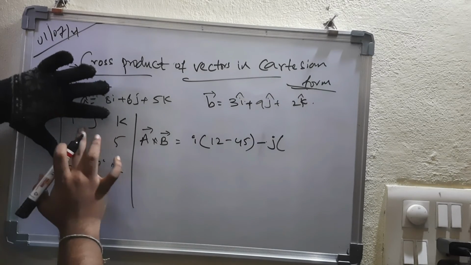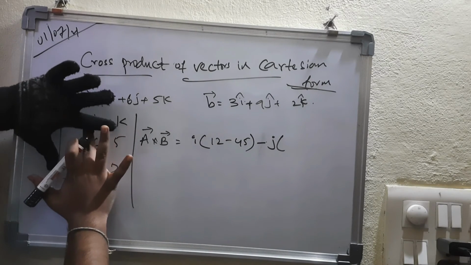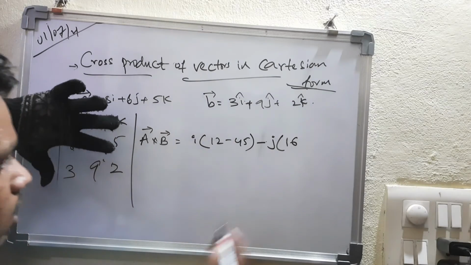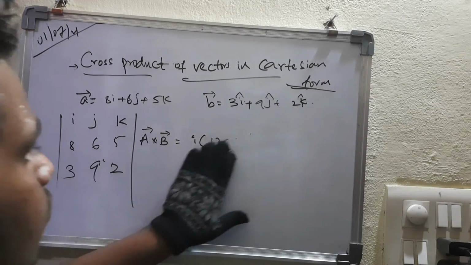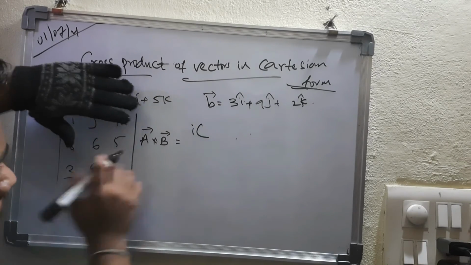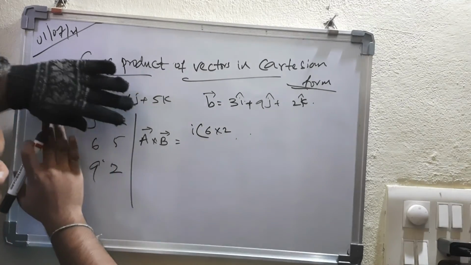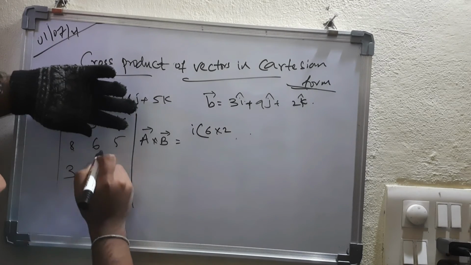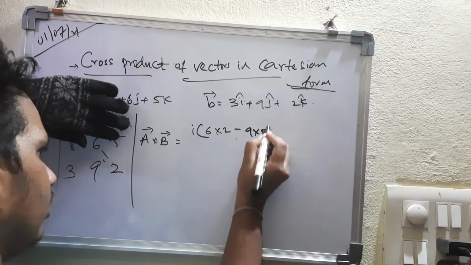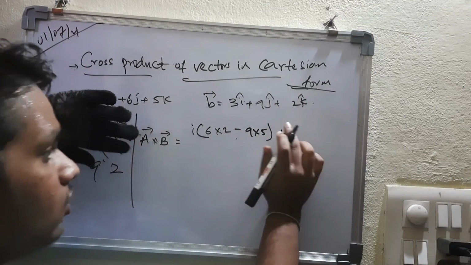This is the row, this is the column. Now multiply 8 and 2, 8 2s are 16. For convenience I'll write 2 more steps.